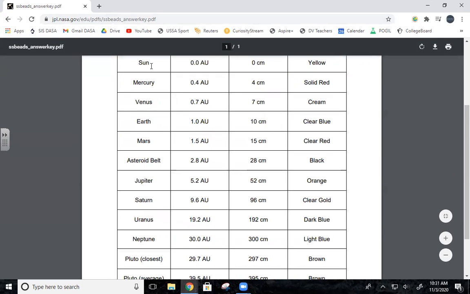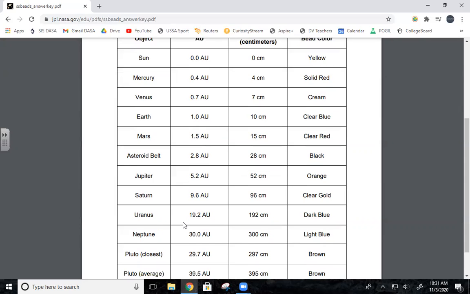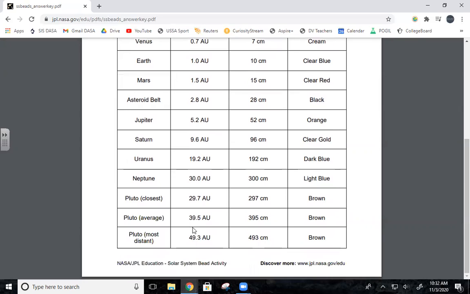The sun, Mercury is 0.4 astronomical units, or 4 centimeters. 0.7 astronomical units. 1 astronomical unit is the Earth, right? Because that is the basis of this unit. 1.5, 2.8 is the asteroid belt. 5.2, 9.6, 19.2, 30, and then we used Pluto's most distant at 49.3 astronomical units away from the sun.